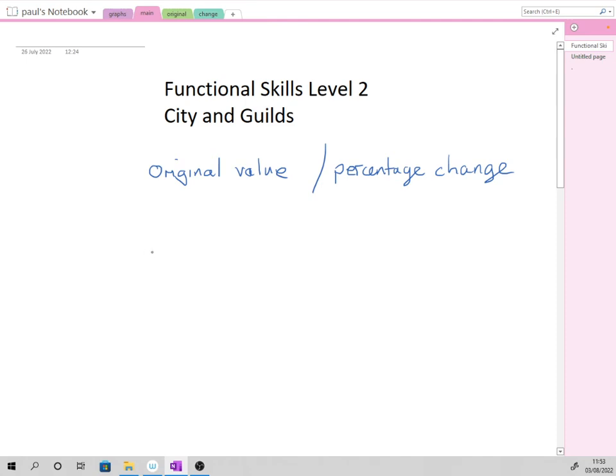Now, say there was an item in the shop, and there was a 15% increase, and the price is now £75.